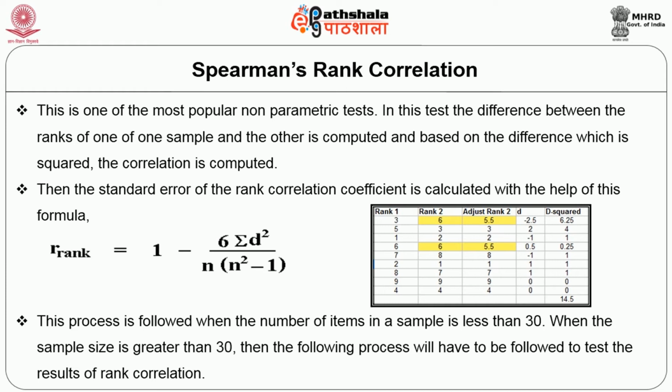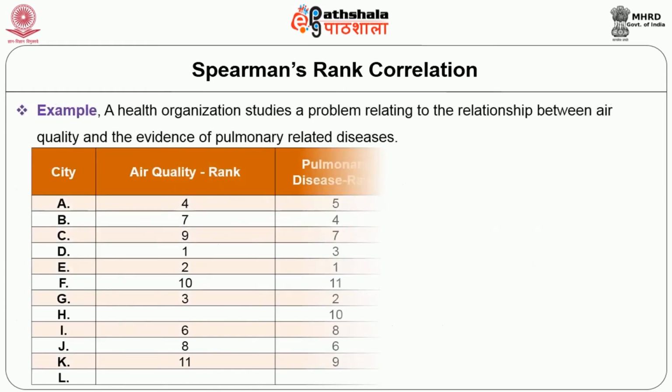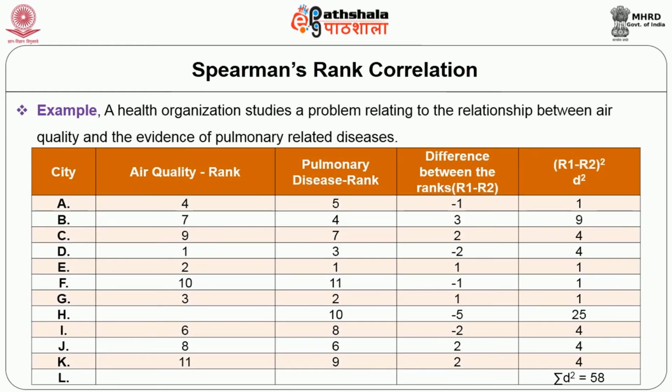For example, a health organization studies the relationship between air quality and the incidence of pulmonary related diseases. The details are given below; test the hypothesis that there is no correlation between air quality and pulmonary related diseases, as expressed in the table.